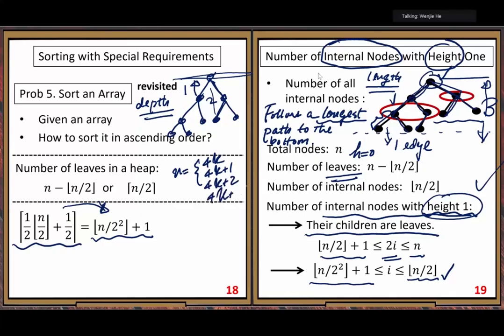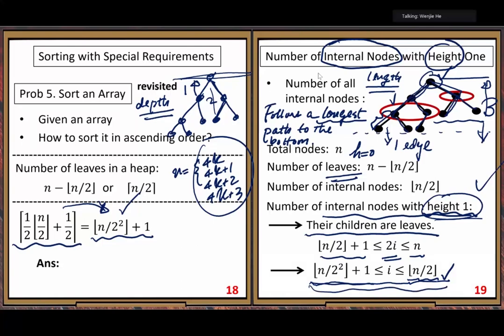You need to look at these 4 cases to verify this formula. Then you can prove it. So now here is the answer, because now we have the range for the internal nodes with height 1. Now let's count the number of internal nodes.